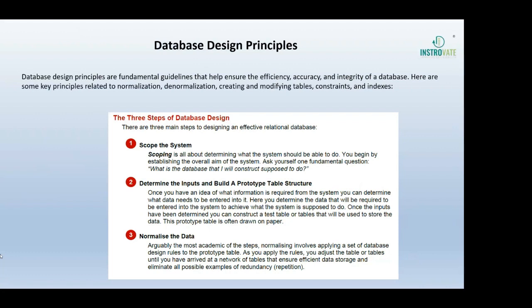Now if we talk about determining the input, once you have an idea of what information is required for the system, you can determine what data needs to be entered into it. And normalization, what is normalization?